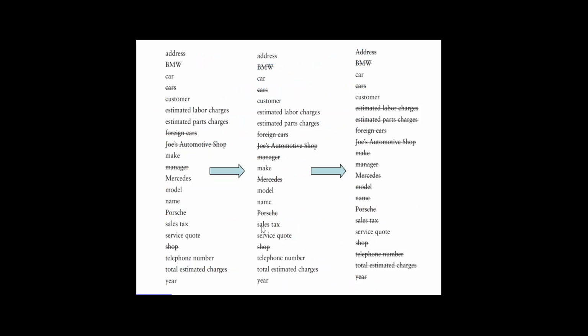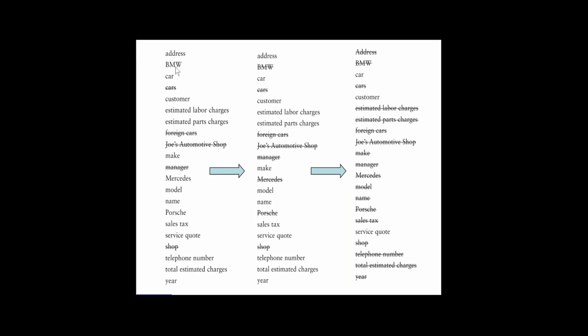But let me just come back to these points for refining. Let me show you how we can also refine. So we mentioned foreign cars, we mentioned Joe's automotive shop and so on. Now think about BMW. Is it a class? Well, it can be a class, but for our problem now, we are not concerned with BMW as a specific class. It's an object rather than a class.